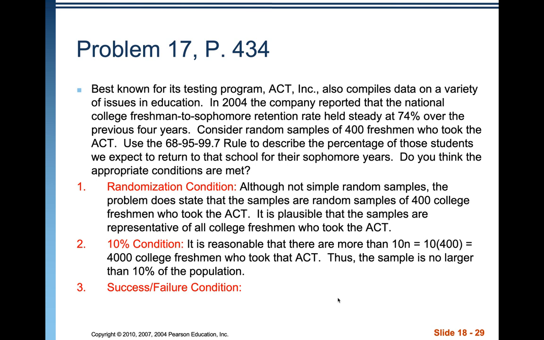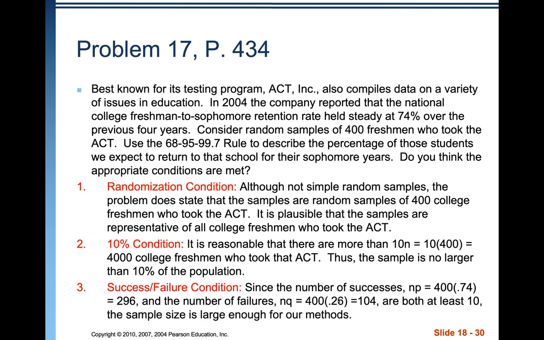Thus, the sample is no larger than 10% of the population. Success-failure condition. Since the number of successes, n times p, equals 400 times 0.74 equals 296, and the number of failures, n times q, 400 times 0.26 equals 104, are both at least 10, the sample size is large enough for our methods.